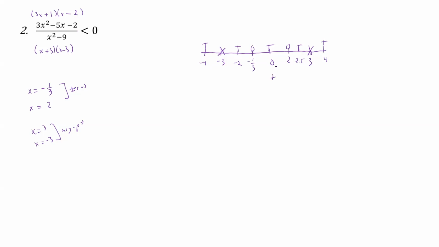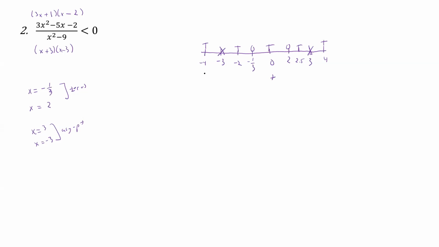Okay. Now, if we plug in a negative 4, that's going to give us 3 times negative 4 quantity squared, and then minus 5 times negative 4, and then minus 2, divided by negative 4 squared minus 9, and so that gives us a positive.